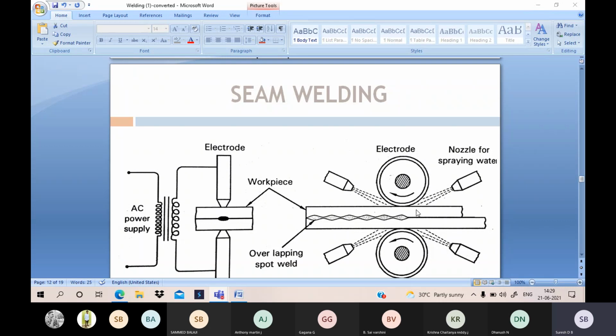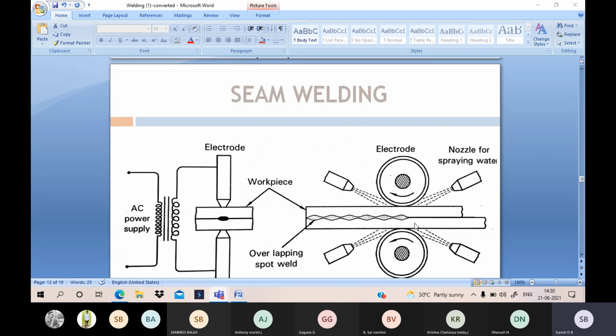Above and below the workpieces the rollers are rotated. There is no contact between the electrode and the workpiece in between the pieces; only the top surface and bottom surface of the workpieces have contact. Here we are using a non-consumable electrode.